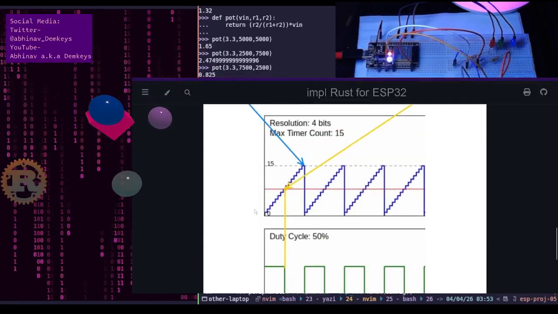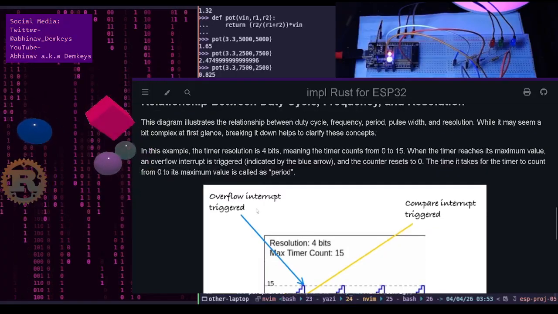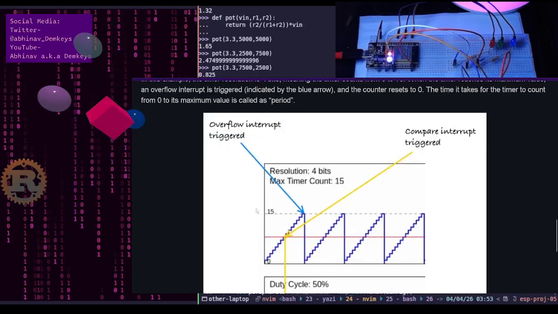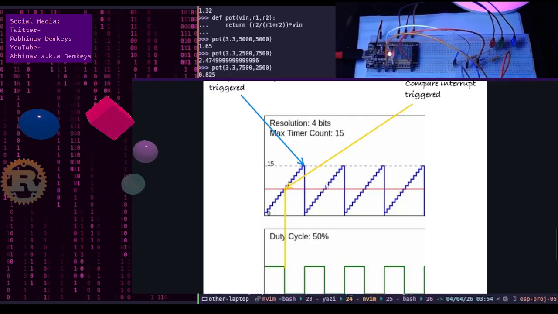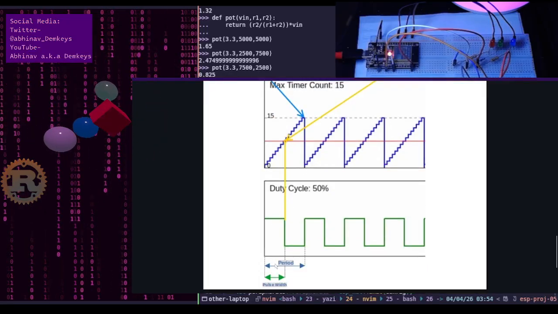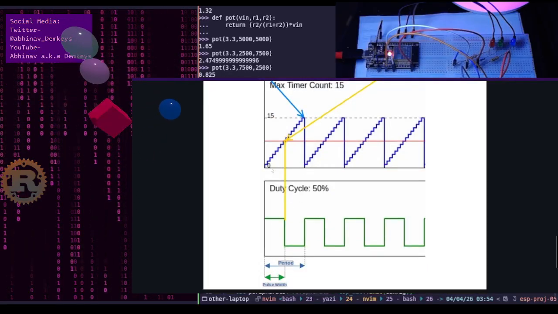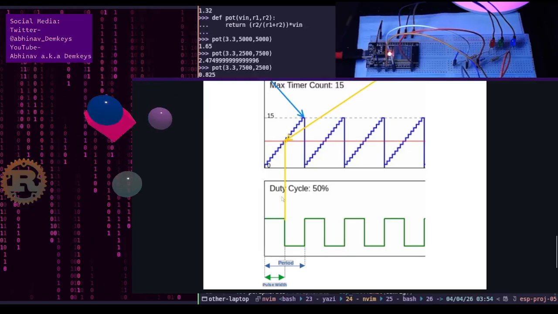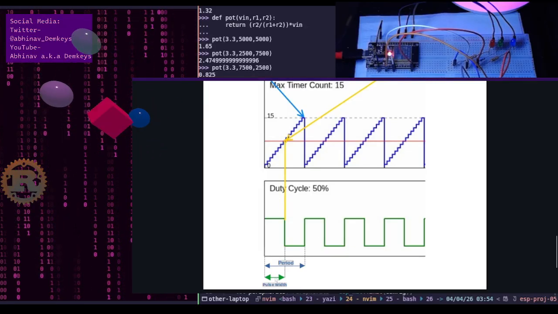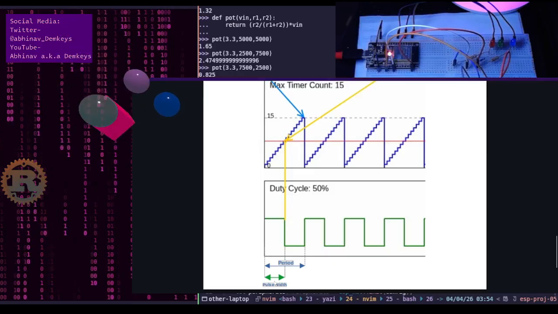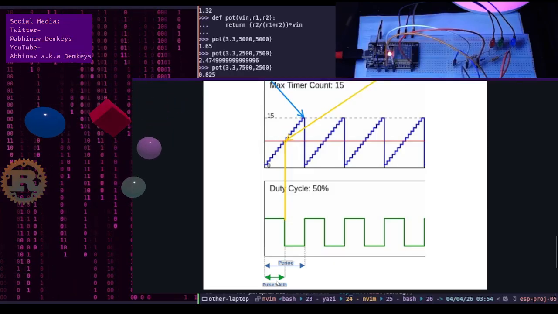But is pulse width measured in a different sort of, oh, it might be the count. I think that might be it. Duty cycle is measured in percentage, and that's fine. But the pulse width might be dependent on the resolution.